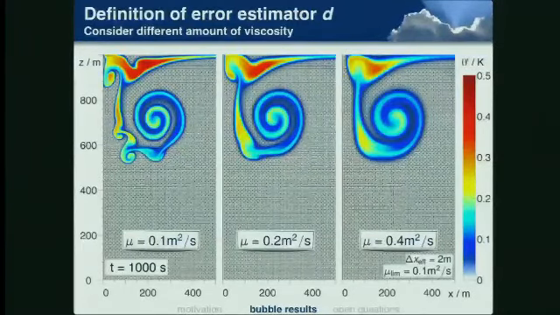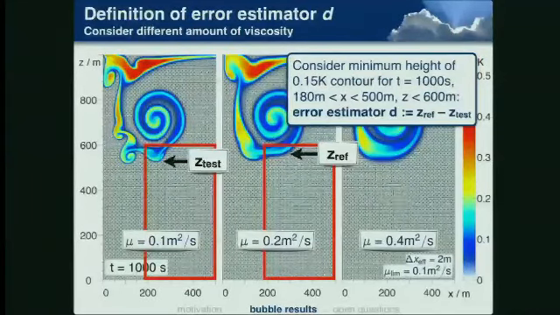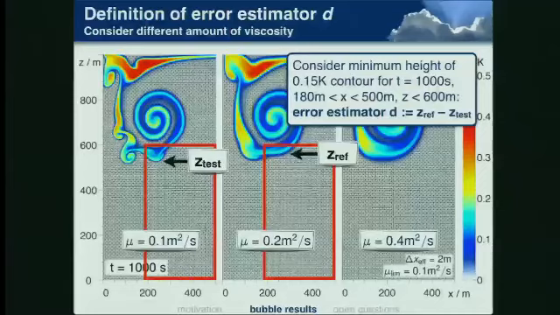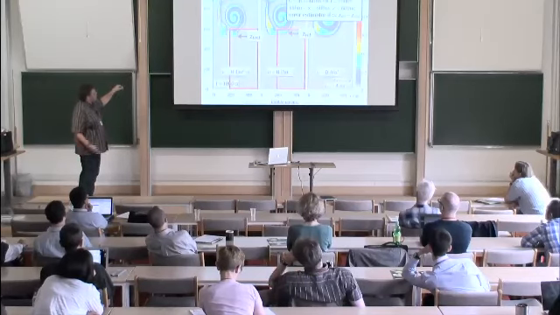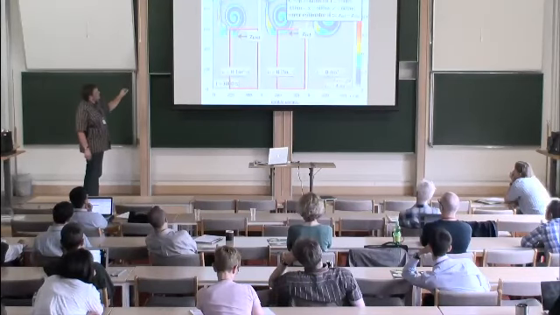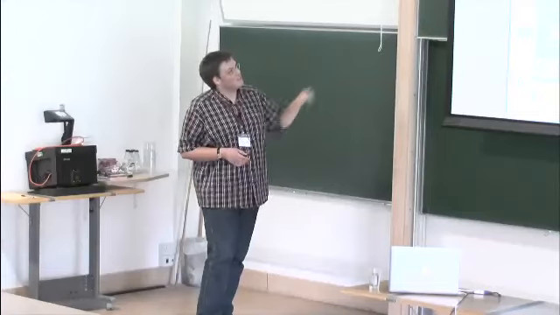This motivates the following definition. I consider the minimum height of the 0.15 Kelvin contour at this time, 1000 seconds, and I consider it in these red boxes, horizontally from 180 meters to 500 meters, because I don't want to have boundary effects in my domain, and I don't want to consider these fairly strongly developed vortices.